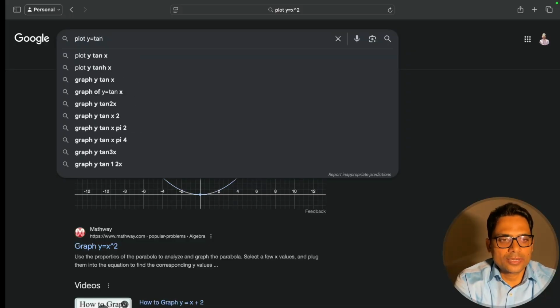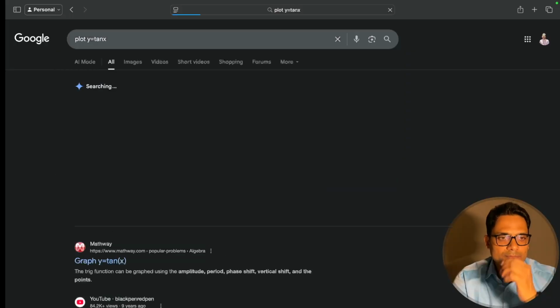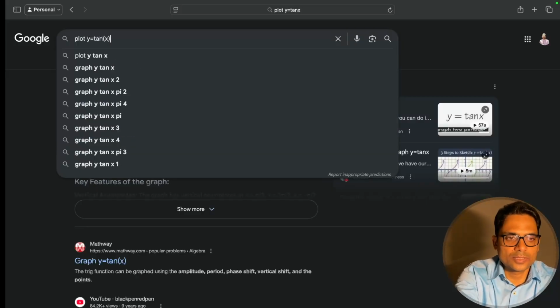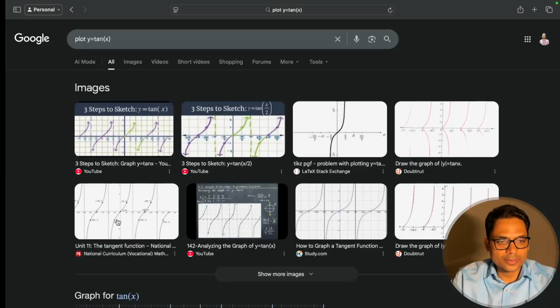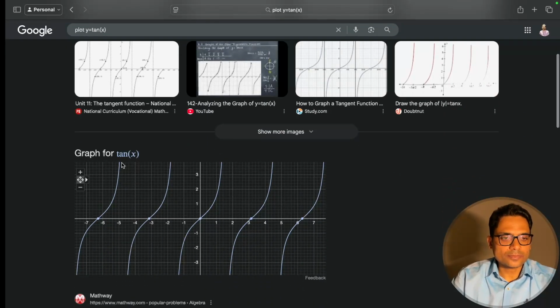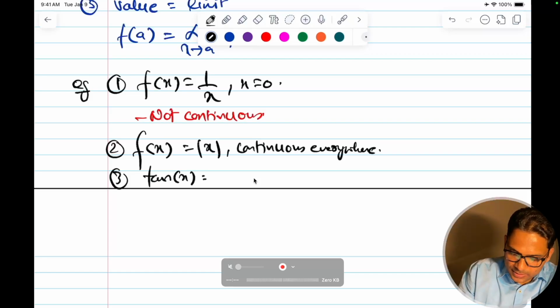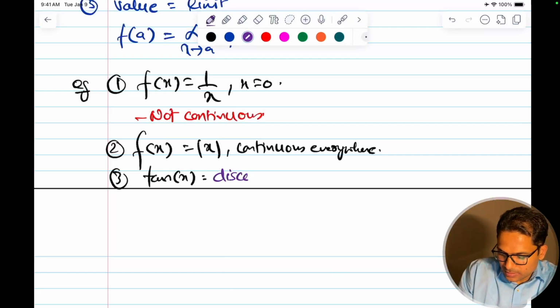You can just plot tan x. Yeah, you can see that it is discontinuous at many points. I cannot draw the graph without lifting. If I am here, I have to come back here, there, like that. So it is discontinuous at an infinite number of points. Even tan x is not continuous.